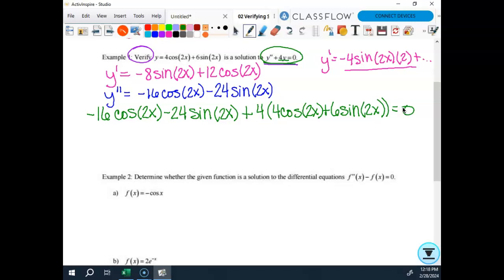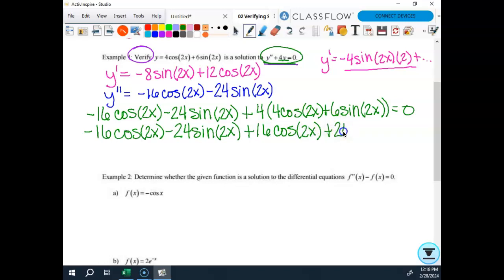Okay, everybody got it substituted in? So then I'm going to rewrite the first two terms and then distribute that 4. So I get negative 16 times the cosine of 2x minus 24 times the sine of 2x. Then when I distribute, I get plus 16 times the cosine of 2x plus 24 times the sine of 2x equals 0.